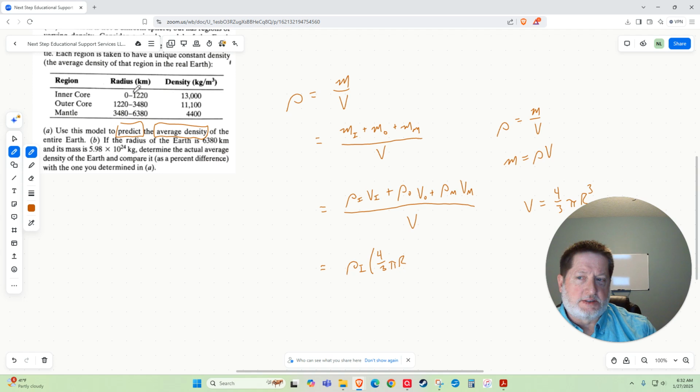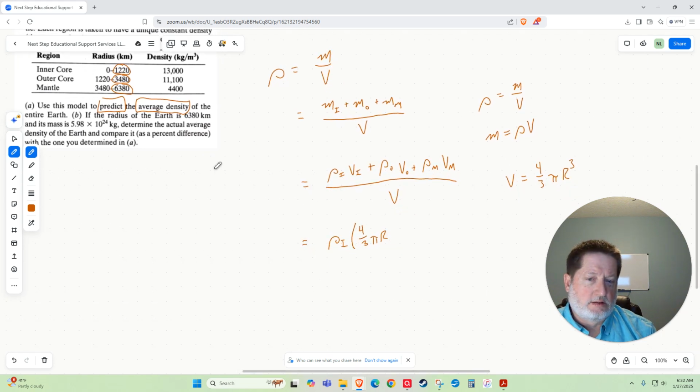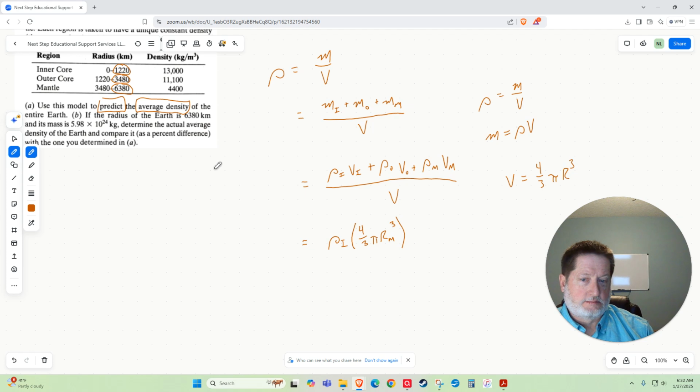I'm going to call this the radius of the inner, this the radius of the outer, and this the radius of the mantle, recognizing that there's the inner radius I have to remove. That's the radius of the mantle, cubed.